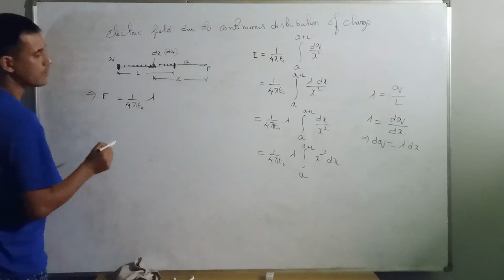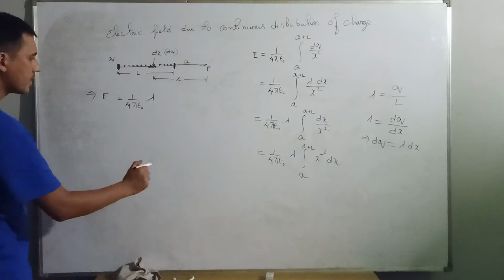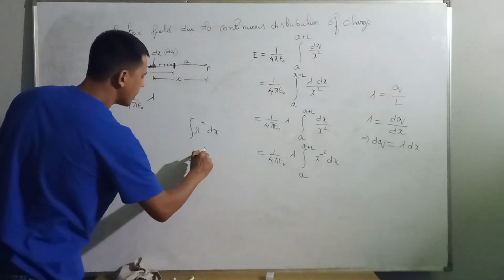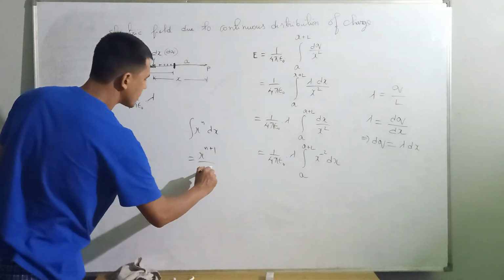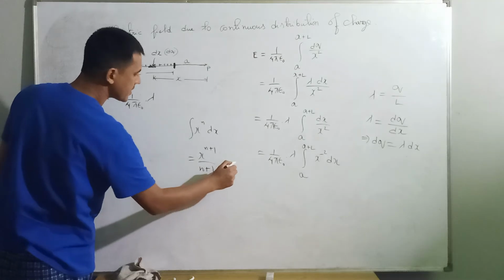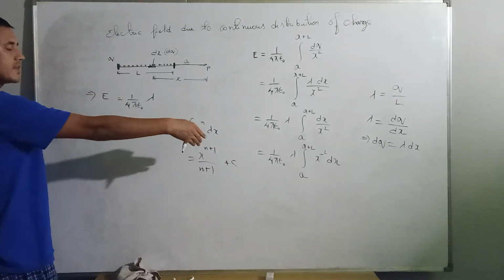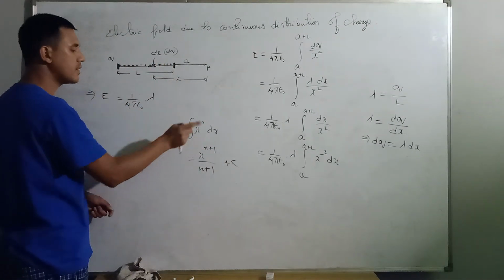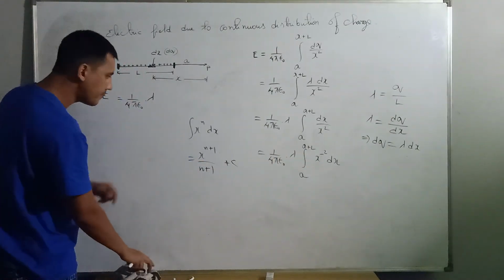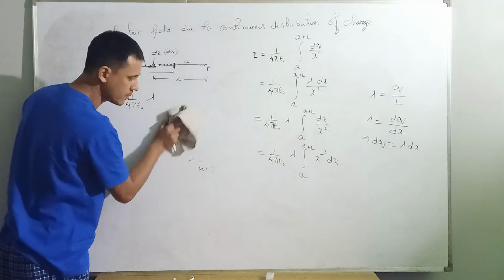What is the integration of x to the power n dx? It is x to the power n plus 1 upon n plus 1. We use a constant if it is an indefinite integral, but here the limit is fixed, so it's a definite integral and we don't use any constant.